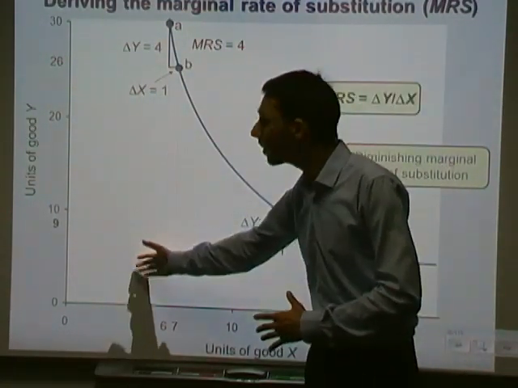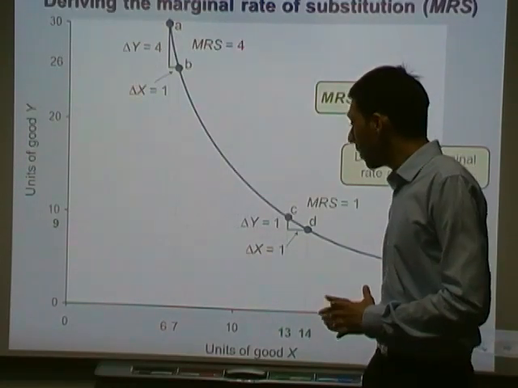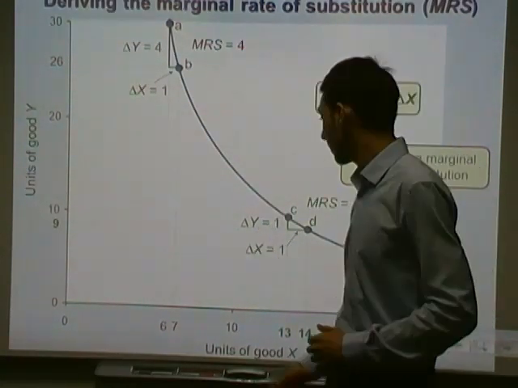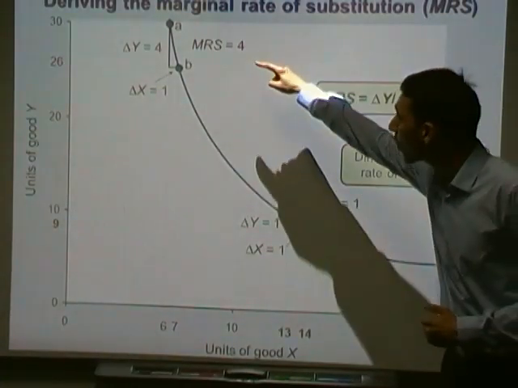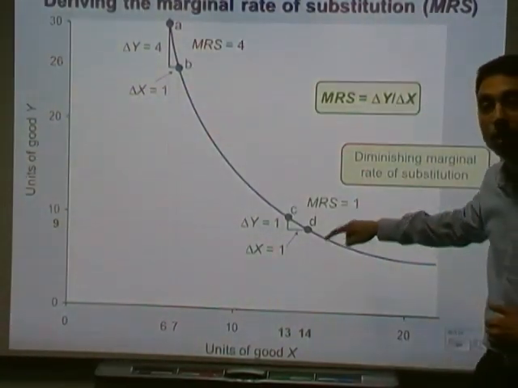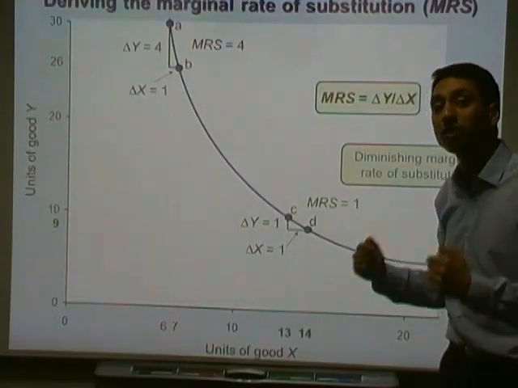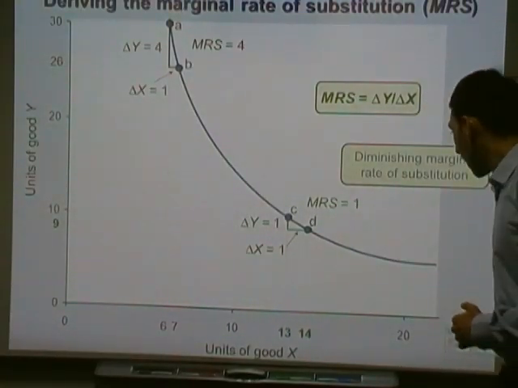Then over here good X we will value less, right? So MRS will be more over here, whereas less over here, because of the diminishing marginal utility, right?